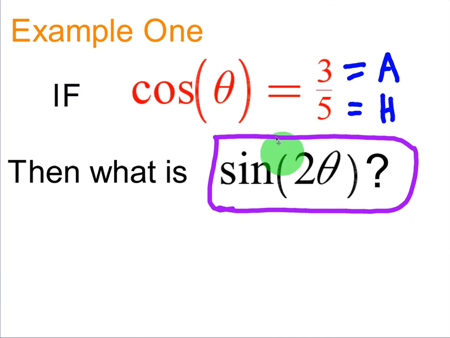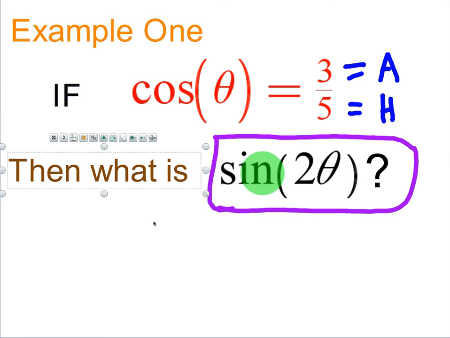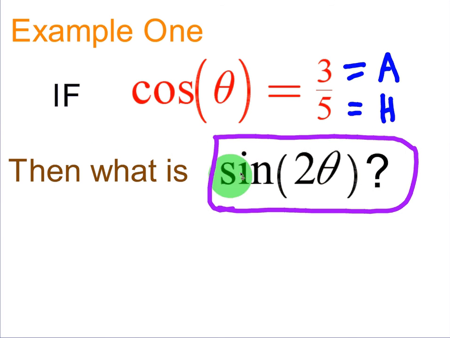These questions can be hard if you don't follow the steps that I teach you. I say that to my students all the time. Just follow the steps and you'll be fine. So we're going to figure out what is sine of twice the angle theta if cosine of the original angle is equal to 3/5.